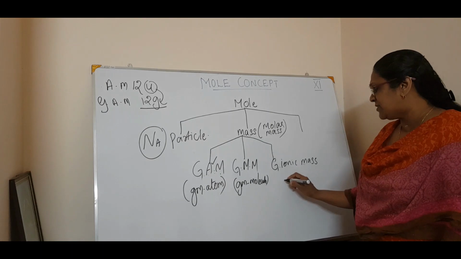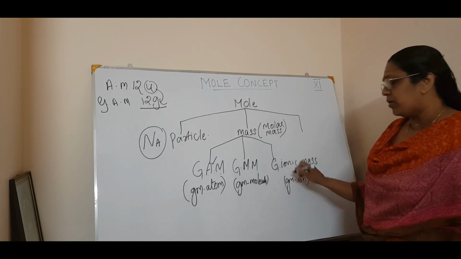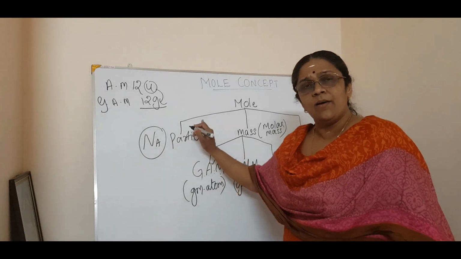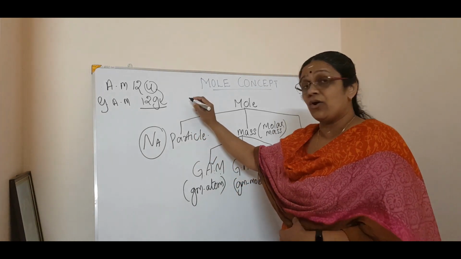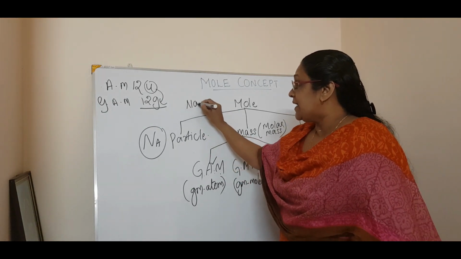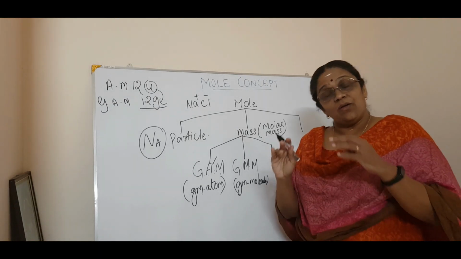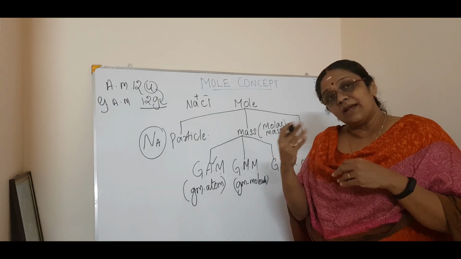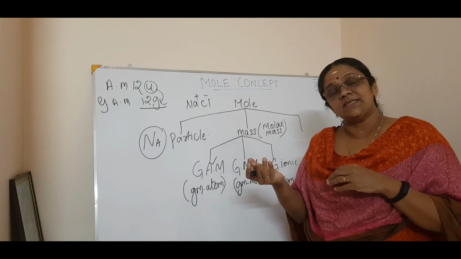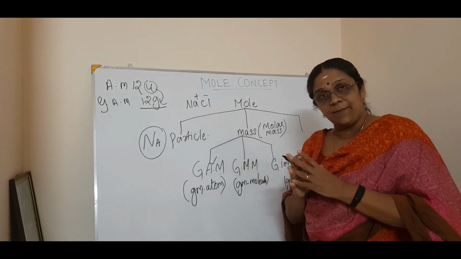Ions means what? Gram ion. How will you calculate the formula mass of an ion? For example, NaCl, you have Na plus and Cl minus. In ionic compounds, another name for molecular mass is formula mass, as it depends upon the formula.